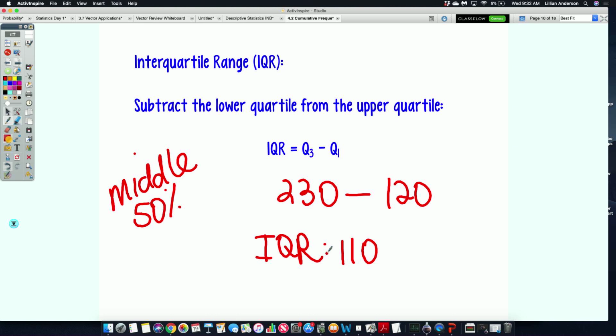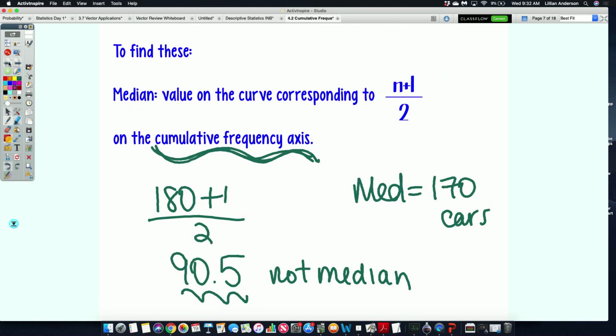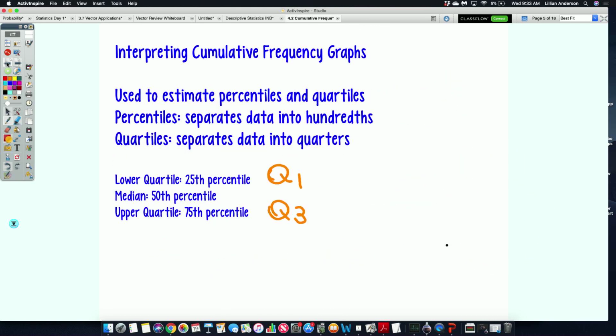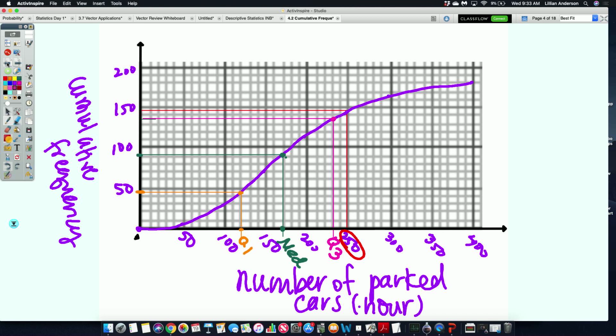If you look, how far back do I need to go? Here we go. So basically between this point and this point, that's 110 cars that were observed between that. That's what IQR means.